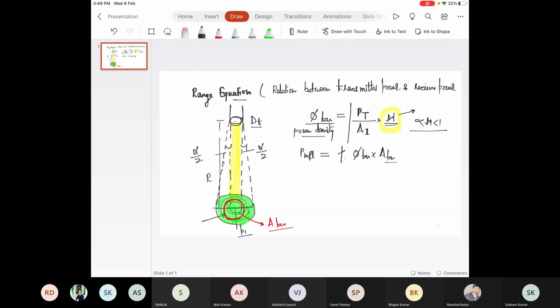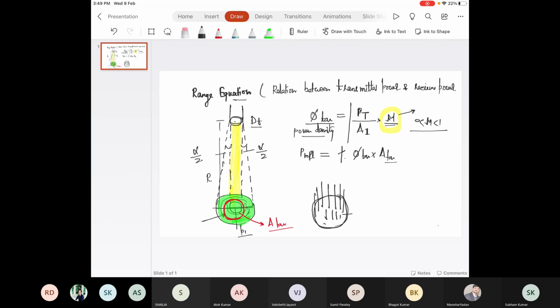If you know what power density is, the energy within the laser beam is hitting this entire area and is distributed.